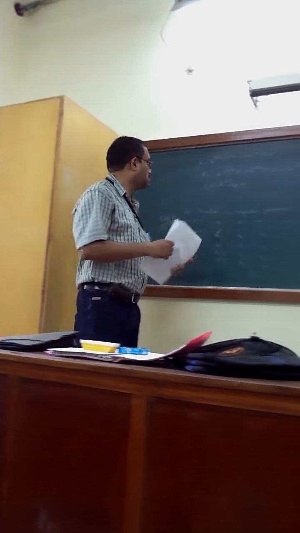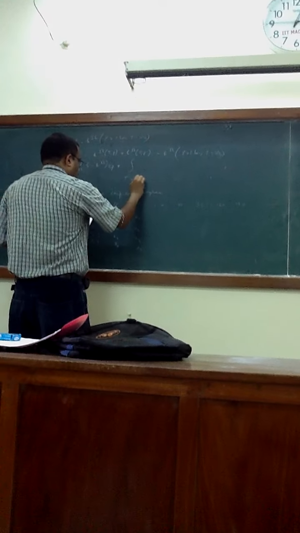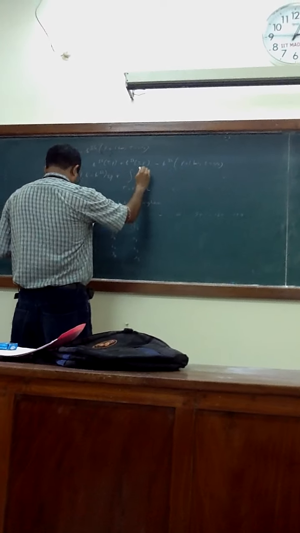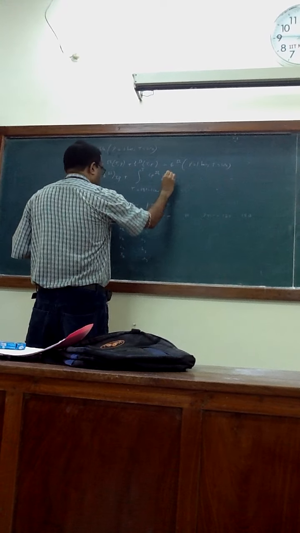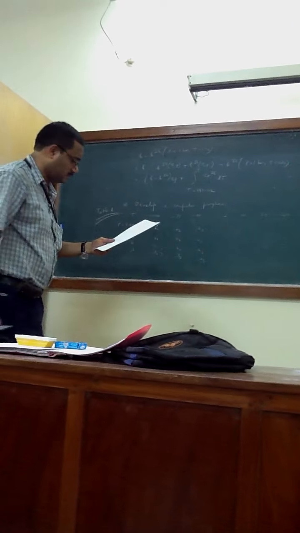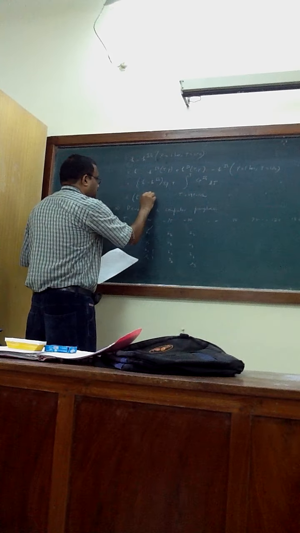The integral goes from T equals 298.15 Kelvin to T of Cp^ig dT, and this will of course give H minus H^ig at T, P.